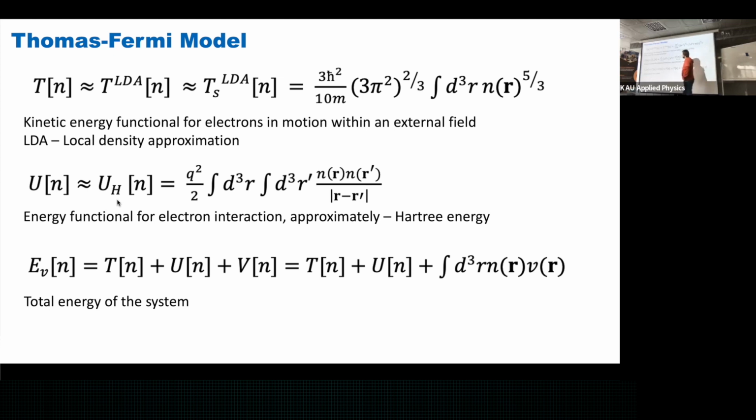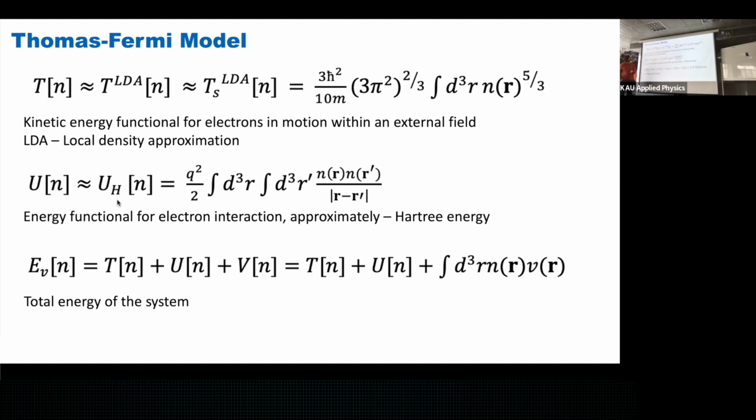So what are the kinetic and potential energy in the Thomas-Fermi model? Kinetic energy uses the so-called local density approximation. We take some point in space, we take some space near this point, and we say that density in this space doesn't change. It's stable.